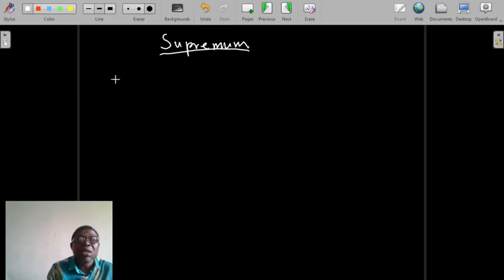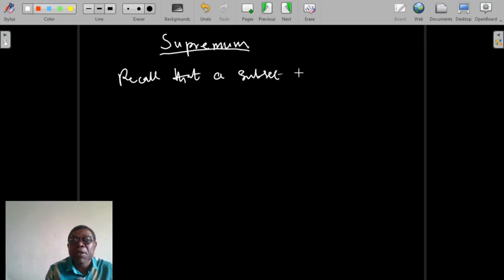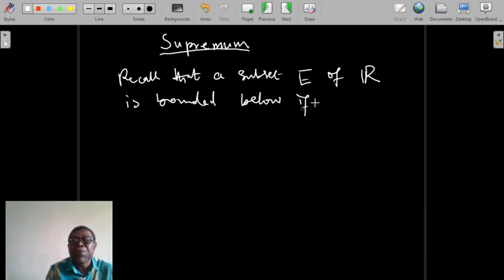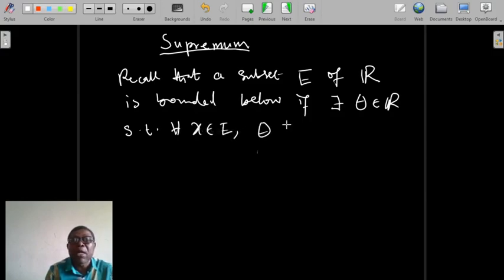Before we start, let us recall that a subset E of R, of course we require that E is non-empty, is bounded below if there exists theta in R such that for any x we pick in E, theta is less or equal to x.